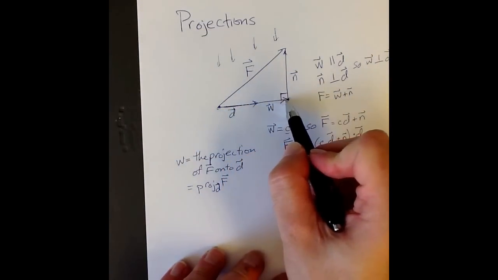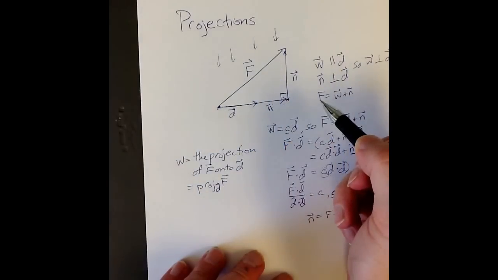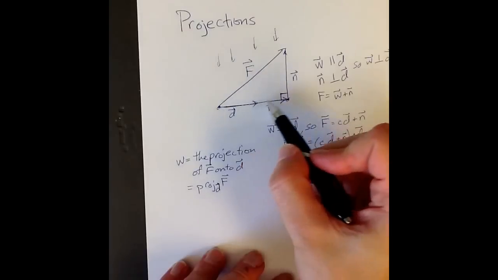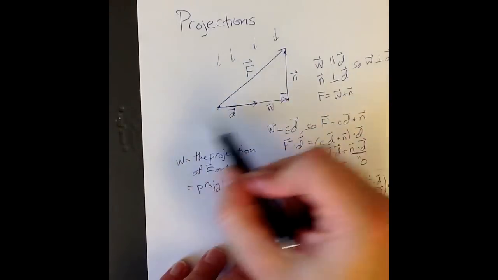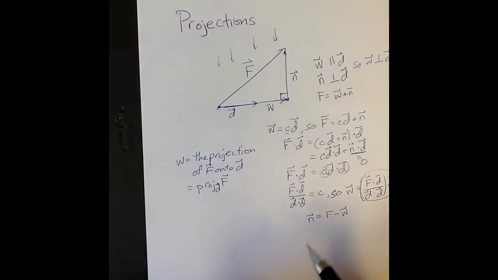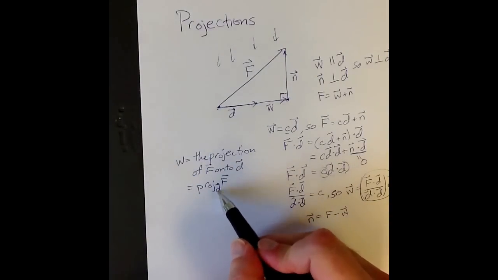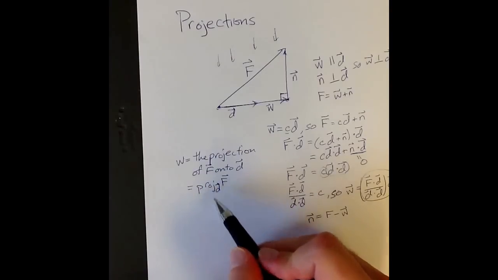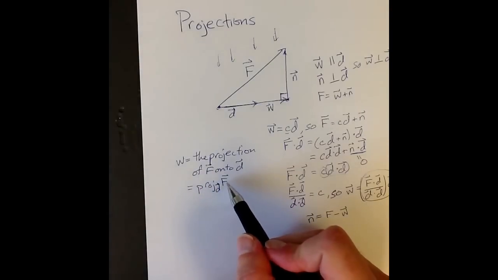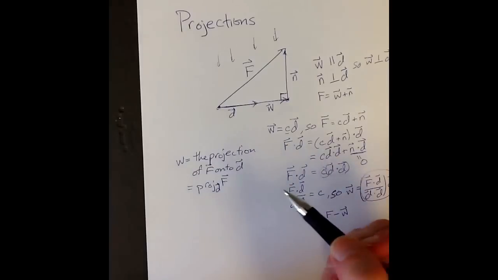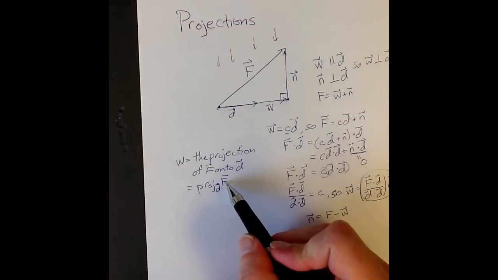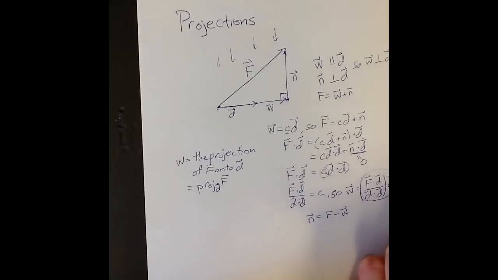It would be equal to w. The projection of f onto d is the shadow of f onto the line formed by the vector d. Sometimes it's easy to confuse which one goes up here and which one goes as a subscript to the proj. If we're projecting f onto d, remember that f is casting a shadow on d, so f is on top and d is the subscript.